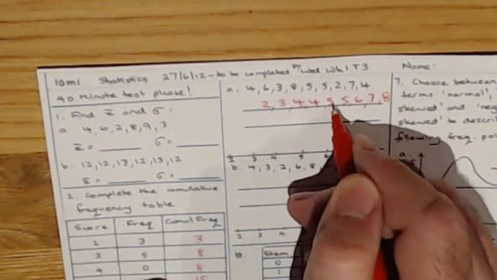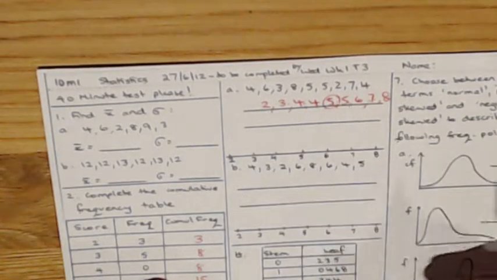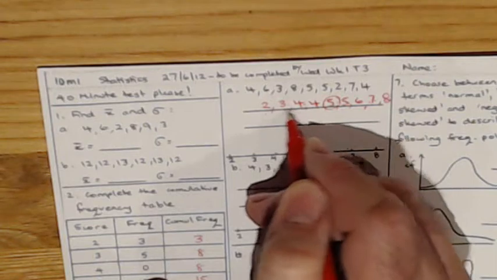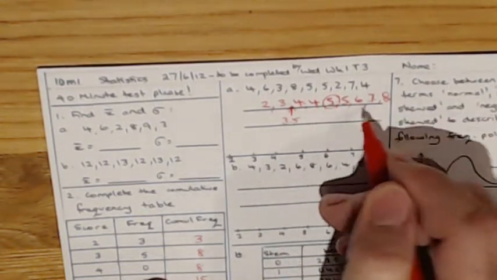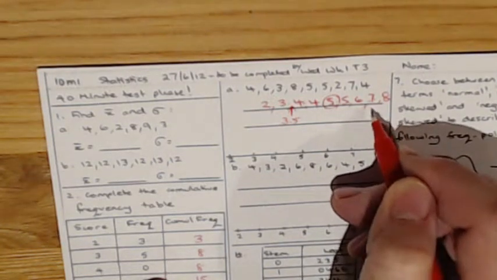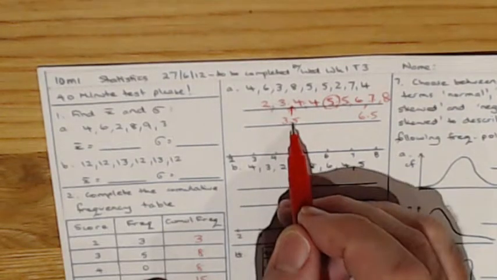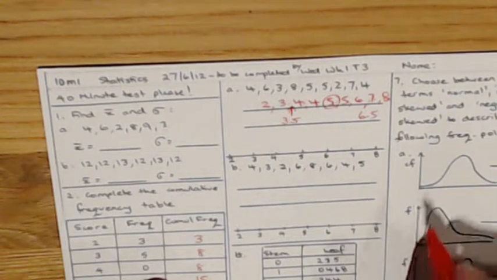1, 2, 3, 4, 5. 1, 2, 3, 4. So our middle score turns out to be the 5. We have 4 before the median, so the middle of these 4 scores here is actually 3.5. And the middle of these 4 scores here is 6.5. So there's our lowest score, our Q1, our median, our Q3, and our highest score.